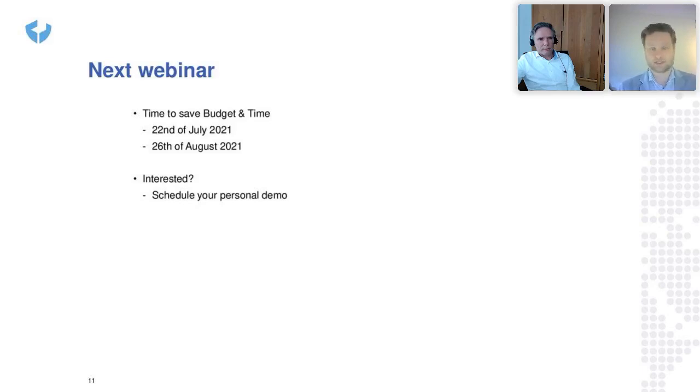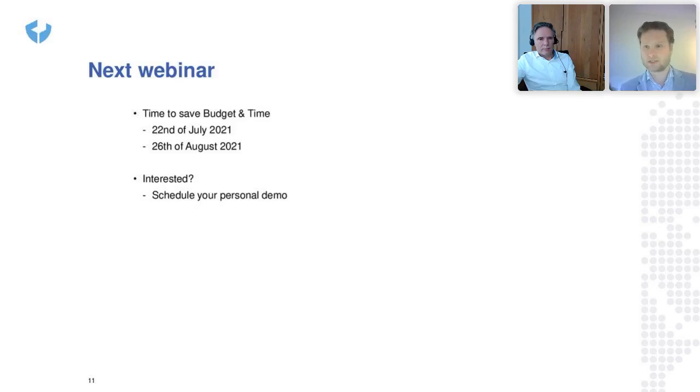The next webinar will be on the 22nd of July, with a rerun on the 26th of August due to the holidays. The subject will be time to save budget and time, and we will zoom in on how you can save budget and actually time of your tax team by using software. And you can get a free calculation of your savings by the end of the webinar.